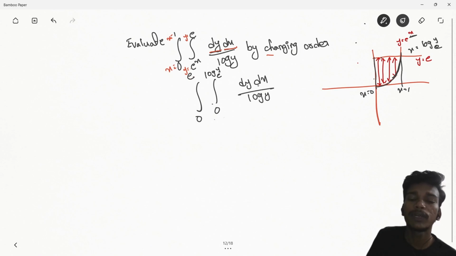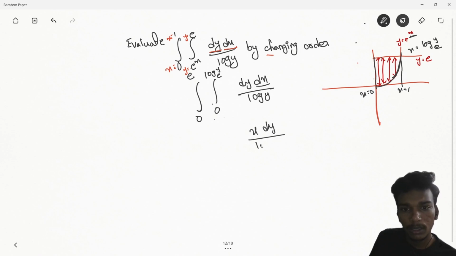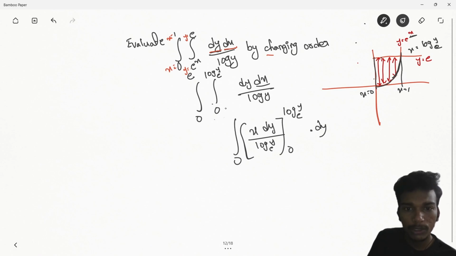Now we have to integrate first with respect to x, right? Here we don't have any function of x, so we are going to simply write x dy by log y base e, limits ranging from 0 to log y base e, into dy. The limits of y are integral 0 to e.